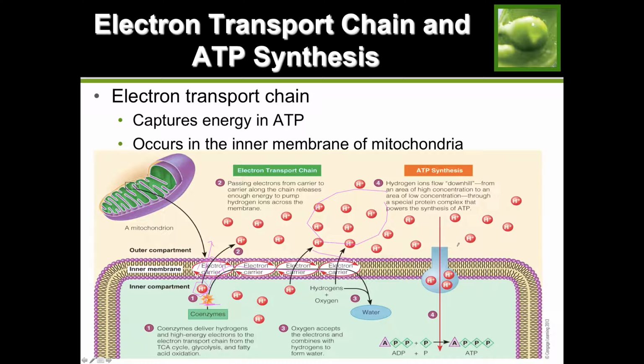You have this hydrogen ion downflow from the area of high concentration to the area of low concentration, which is here. Okay? And this is where you produce the ATP in the electron transport chain, because it's going to get that ADP, the phosphate, and produce ATP. There's a lot more details to this, but we're not going to get too detailed.